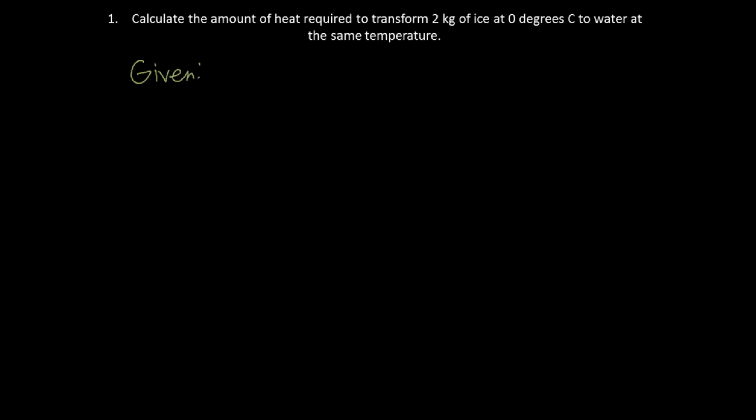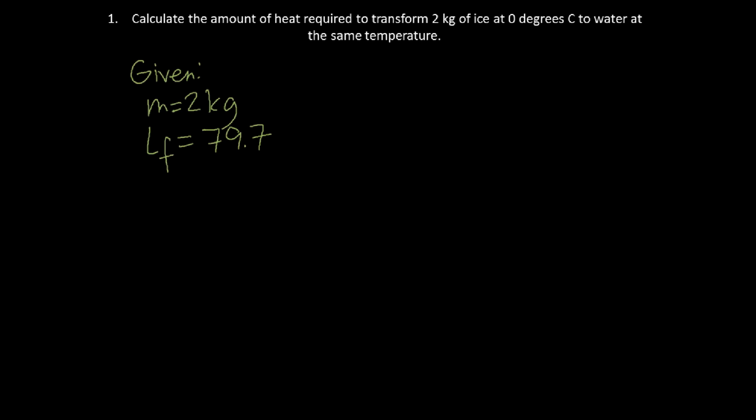We are given the mass, which is 2 kilograms, and the heat of fusion, the L sub F, that is, of course, not given in this problem, but let's write here the heat of fusion of water.